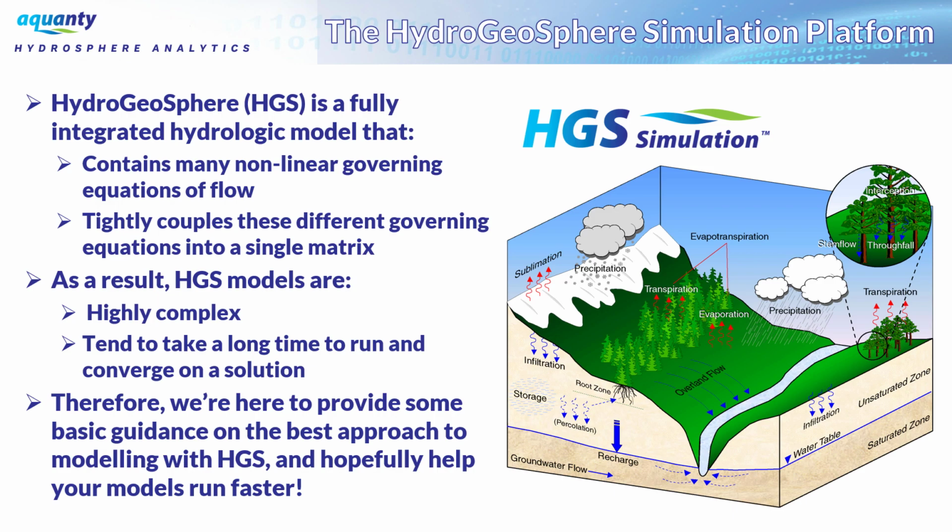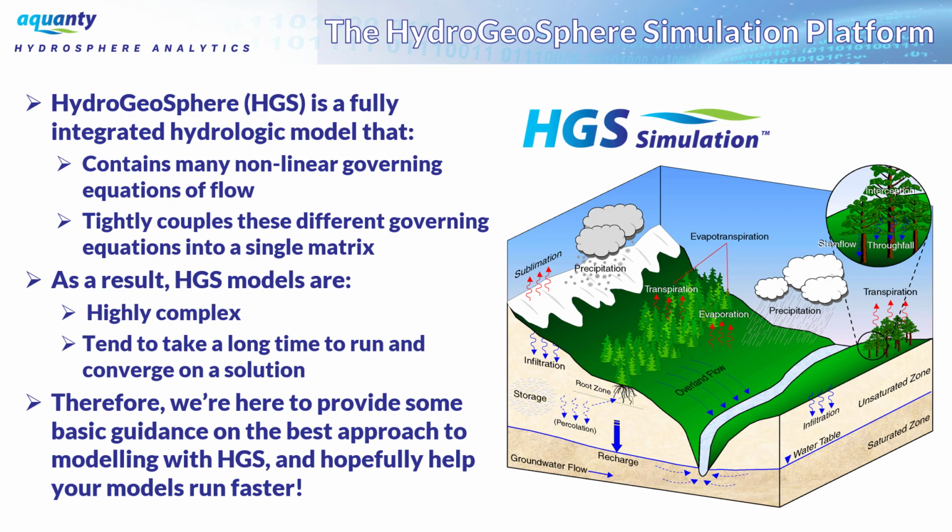For any new or long-term existing HydroGeoSphere users, you'll understand that HydroGeoSphere is a fully integrated hydrologic model that contains a wide variety of different governing equations of flow, many of which are nonlinear.